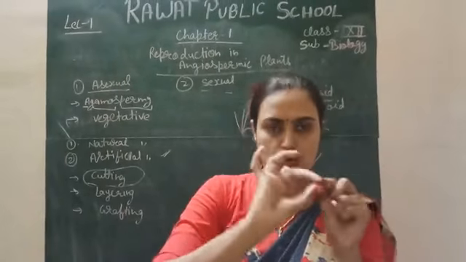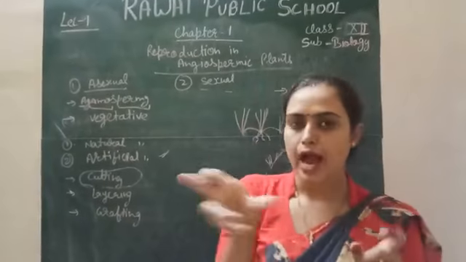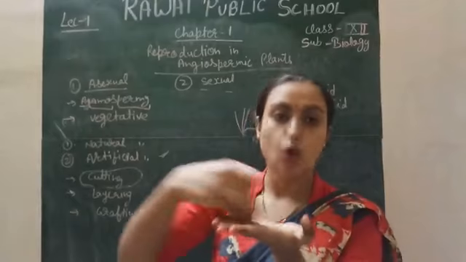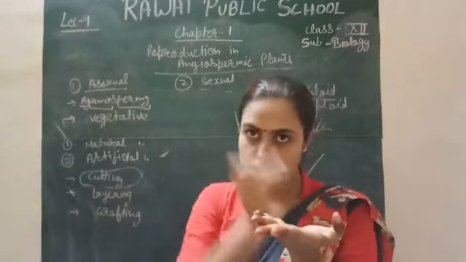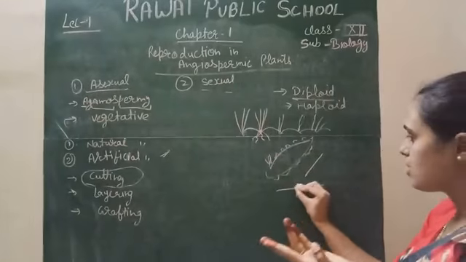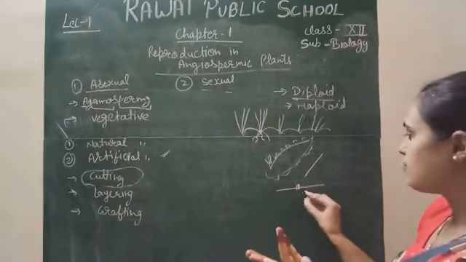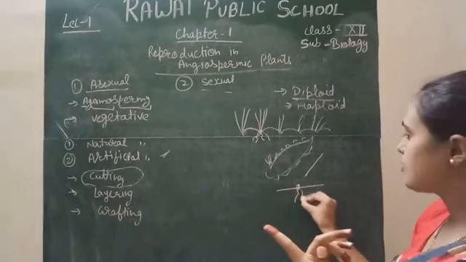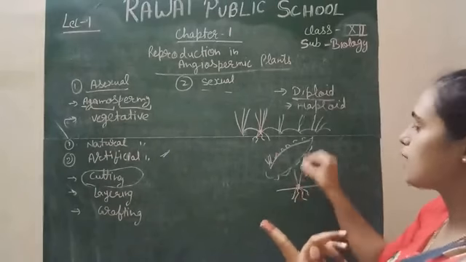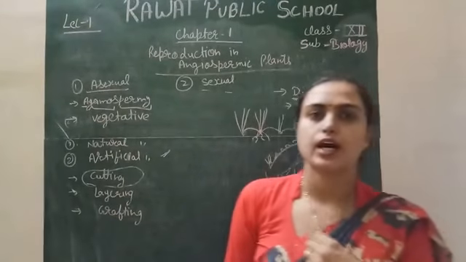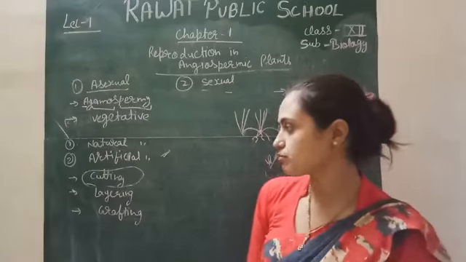Take a root portion, a small root cutting, and put it over the soil in a horizontal manner, because the nodes arise like this in a horizontal manner. If a node is present and touches the soil, adventitious roots arise and the new plant is formed. So stem cutting and root cutting artificially is very common.